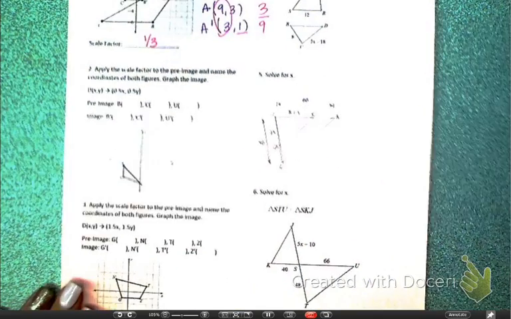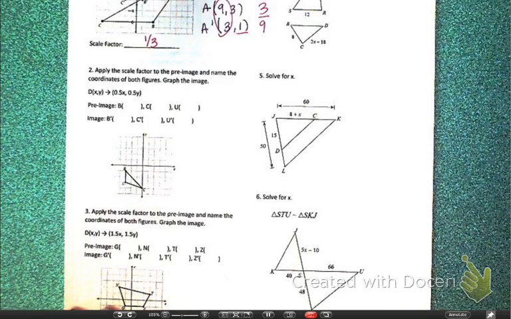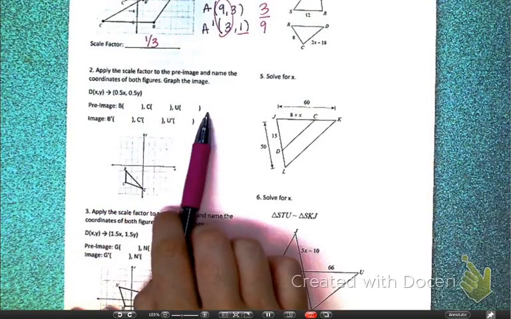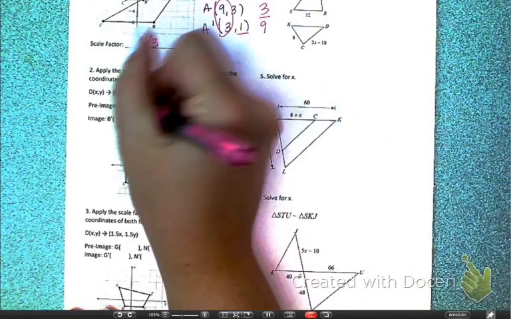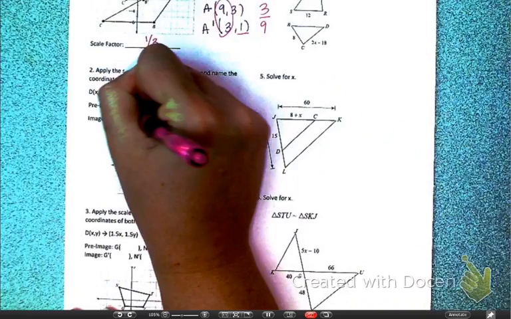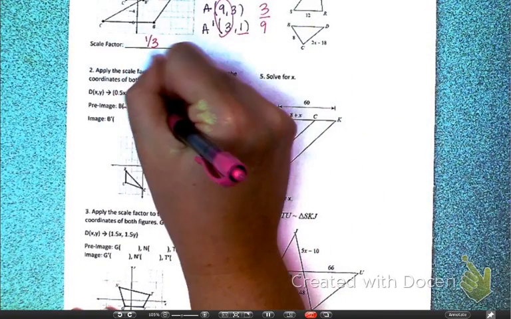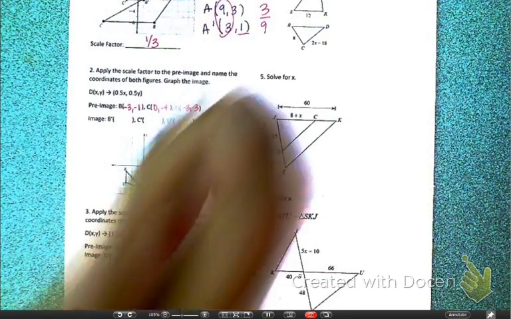For number 2, you are applying scale factor. So you're multiplying 0.5 by the coordinates, but we don't know what those coordinates are. So you need to find them on the graph. So 3, negative 3, negative 1, 0, negative 4, and negative 3, negative 3 are your initial coordinates.